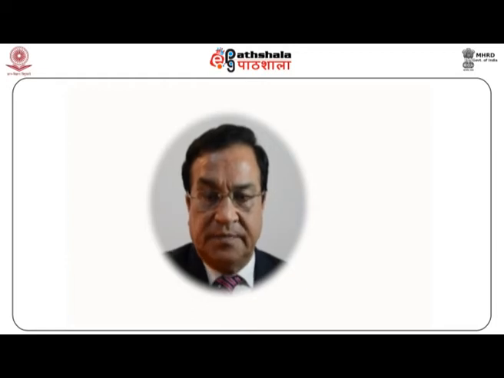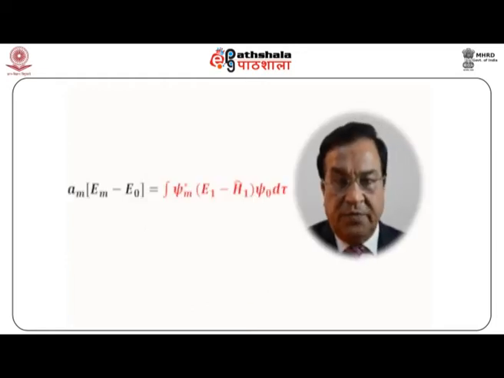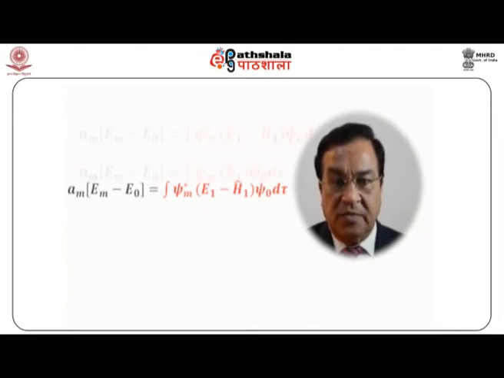We get equation 24, which is, left-hand side, Am into (Em minus E0), equals the integral of psi m star (E1 minus H1 cap) psi 0 d tau.